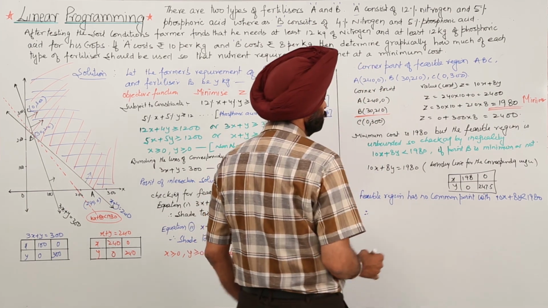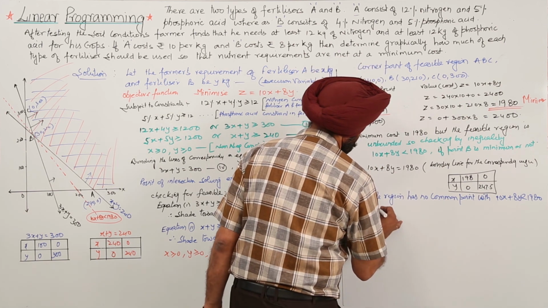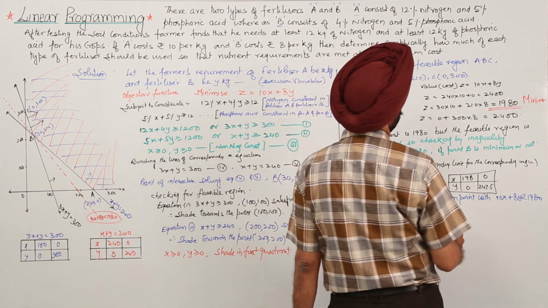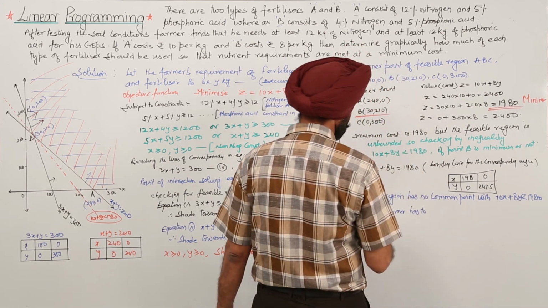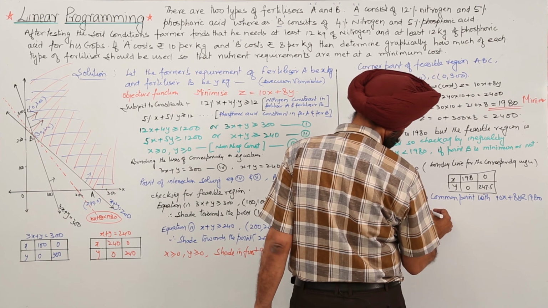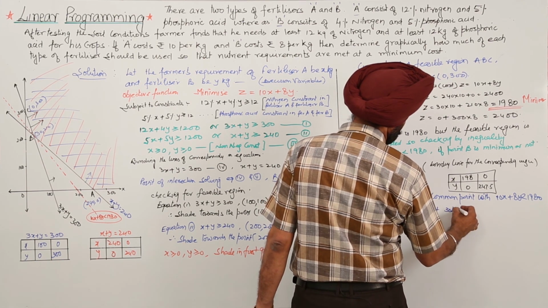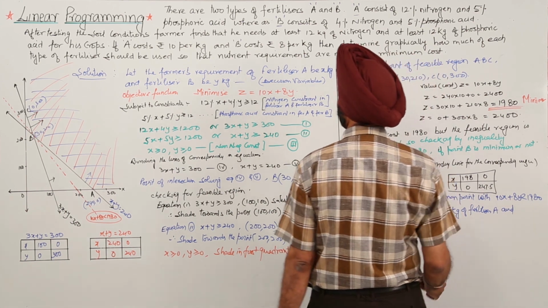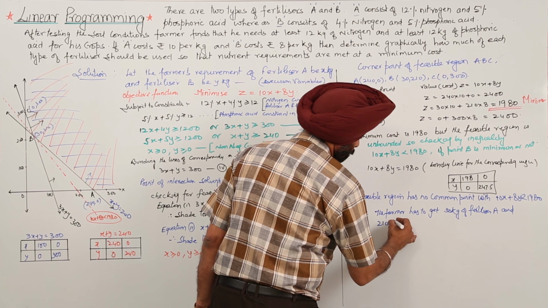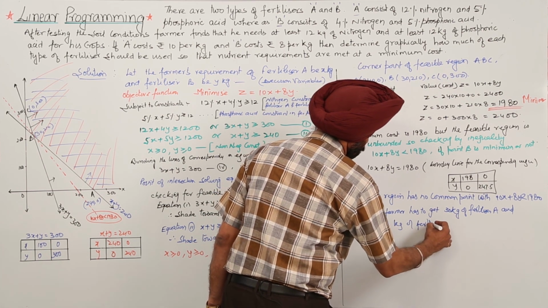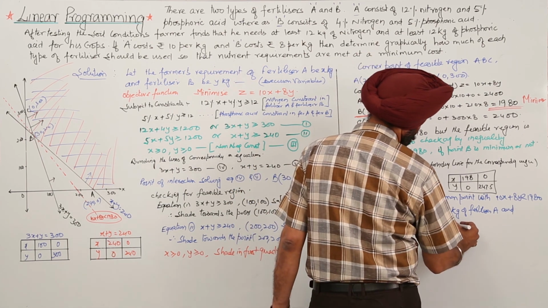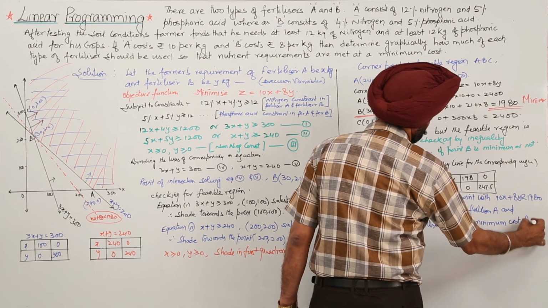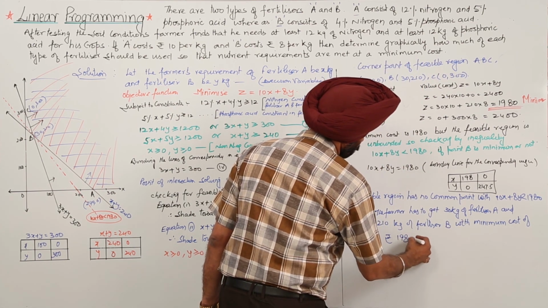Therefore, the requirement of the farmer is that the farmer has to get 30 kg of fertilizer A and 210 kg of fertilizer B with minimum cost of rupees 1980. Answer.